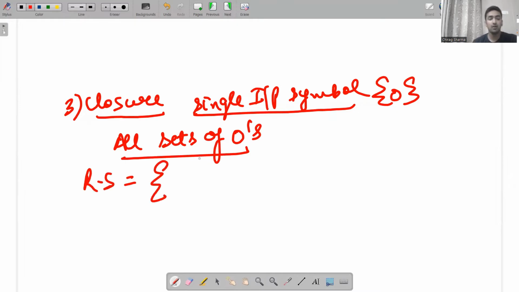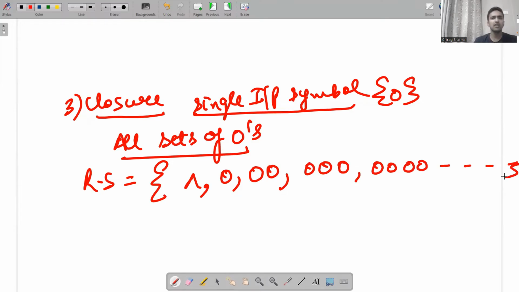The regular set would be: no zeros, null, single zero, two zeros, three zeros, four zeros, so many zeros, any number of zeros. Then how will I basically proceed?